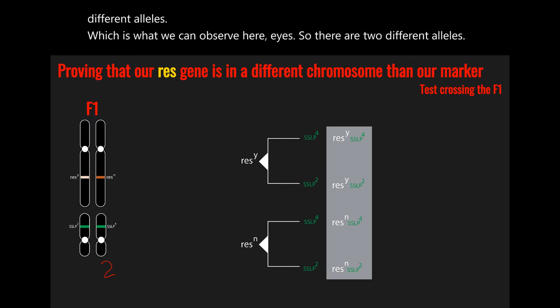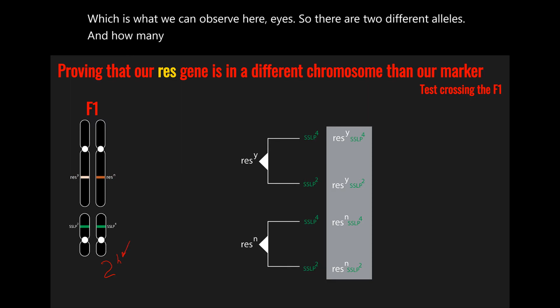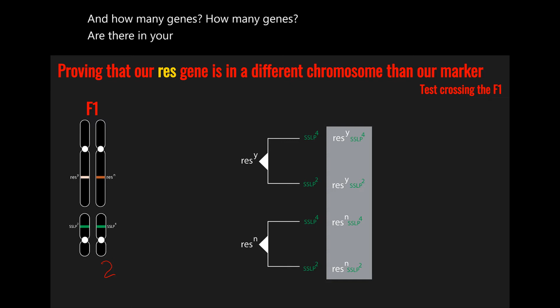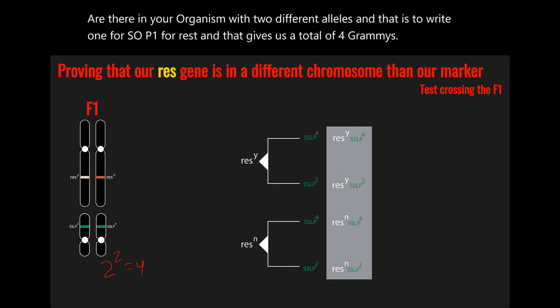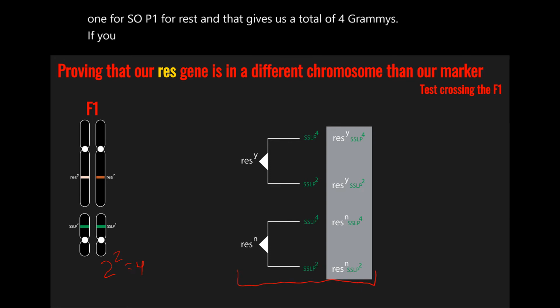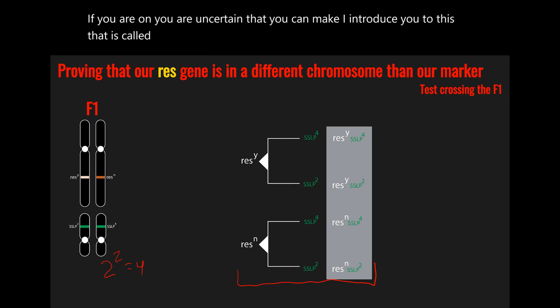And how many genes are there in your organism with 2 different alleles? And that is 2, right? One for SSLP, one for RES. And that gives us a total of 4 gametes. If you are uncertain, I introduced you to what is called a decision tree in programming jargon.